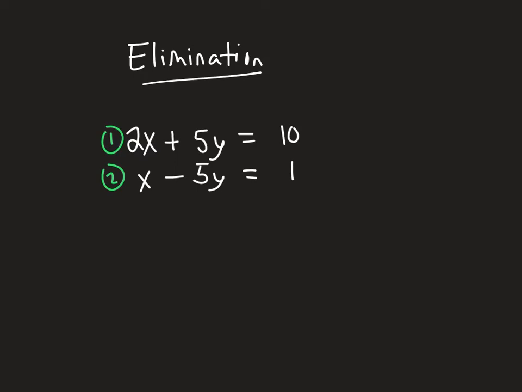But when things are written this way in standard form, meaning it's something x plus something y equals some number, things are lined up, right? Both equations are written that way. This method is sometimes known as addition, because you can add these two equations together, and this setup is perfect for it.